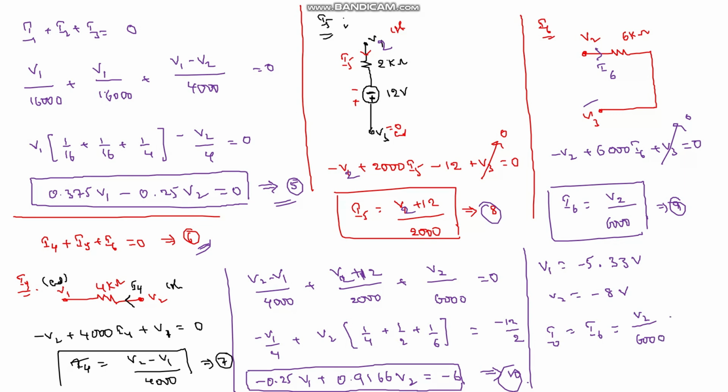After solving, V2 equals minus 8, so minus 8 divided by 6000 is nothing but minus 1.33 milliamps. So this is the I naught expression.